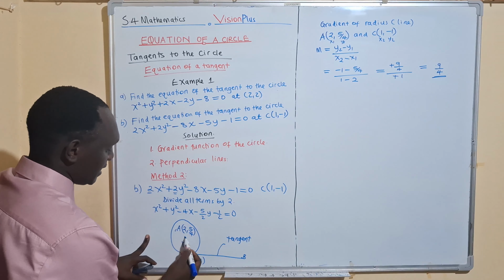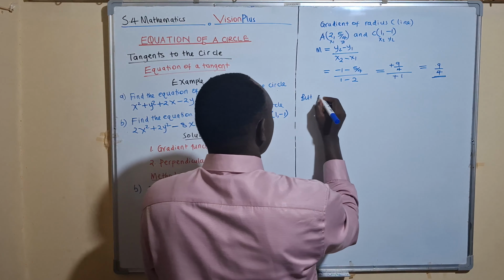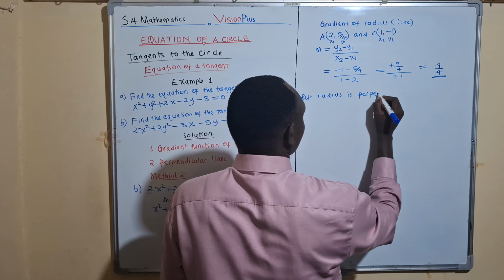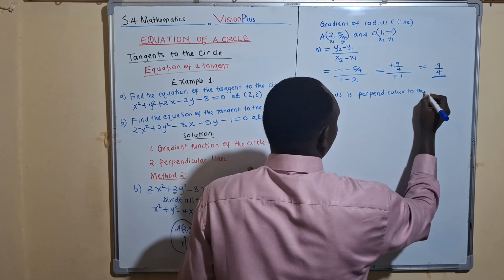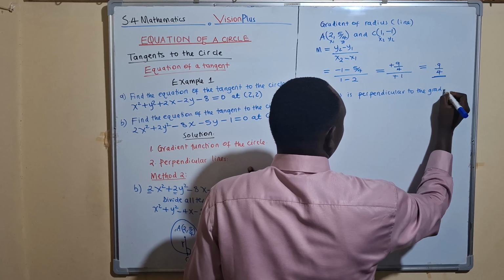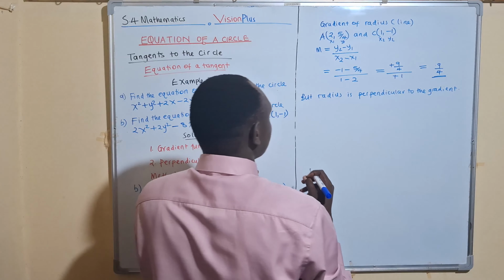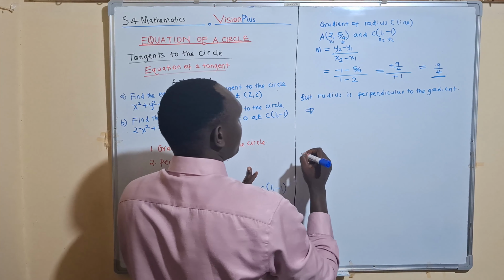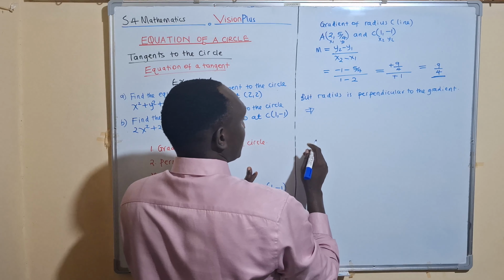We know that the radius is perpendicular to the tangent. And for perpendicular lines, we say that the product of the gradients of two perpendicular lines is negative 1.